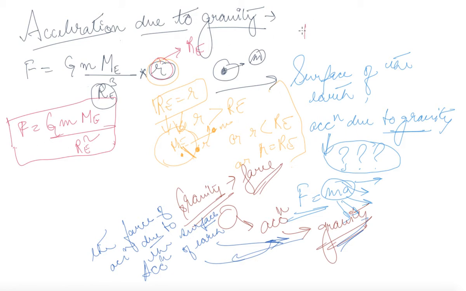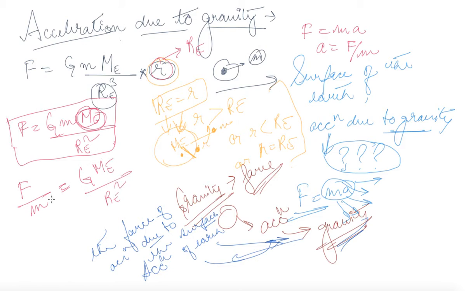Now we know force is equal to mass into acceleration. Therefore acceleration is equal to F by m. Now the acceleration due to the mass M_e can be written as F by m, which is equal to G into M_e by R_e whole square.